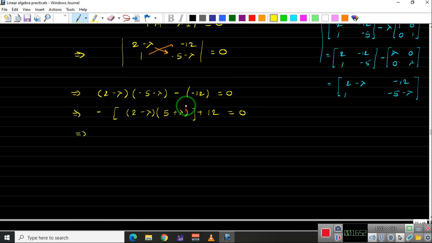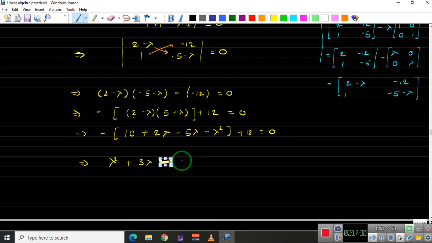This is 2 into 5, 10, so minus 10 plus 2 lambda, minus 5 lambda, minus lambda square, plus 12 equals 0. Multiplying this minus sign inside, minus into minus gives plus lambda square. 2 lambda minus 5 lambda is minus 3 lambda, which becomes plus 3 lambda, and minus 10 plus 12 becomes plus 2.